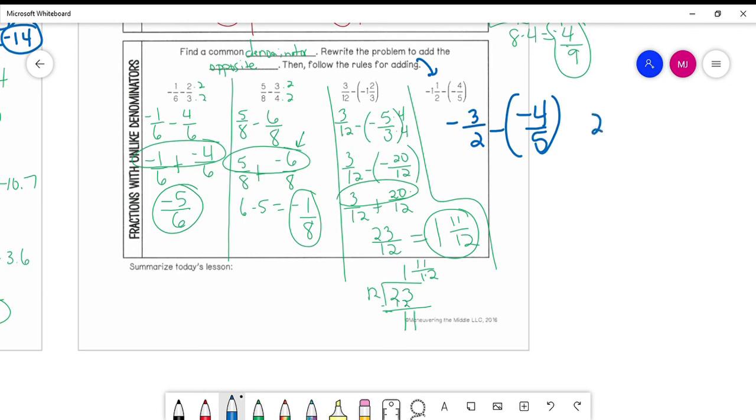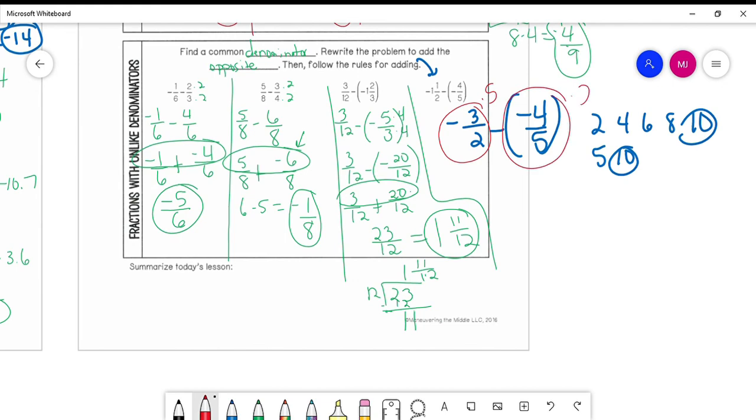So let's see. 2, 4, 6, 8, 10, 5, 10. If I continue to write the multiples, I can see which one I need to come to, and that's 10. So I'm going to multiply this left side by 5 and this right side by 2.